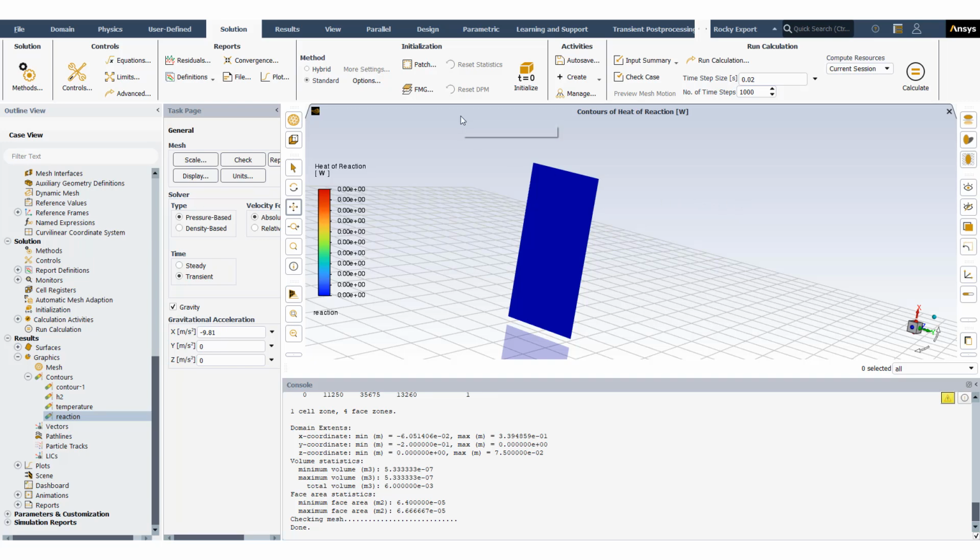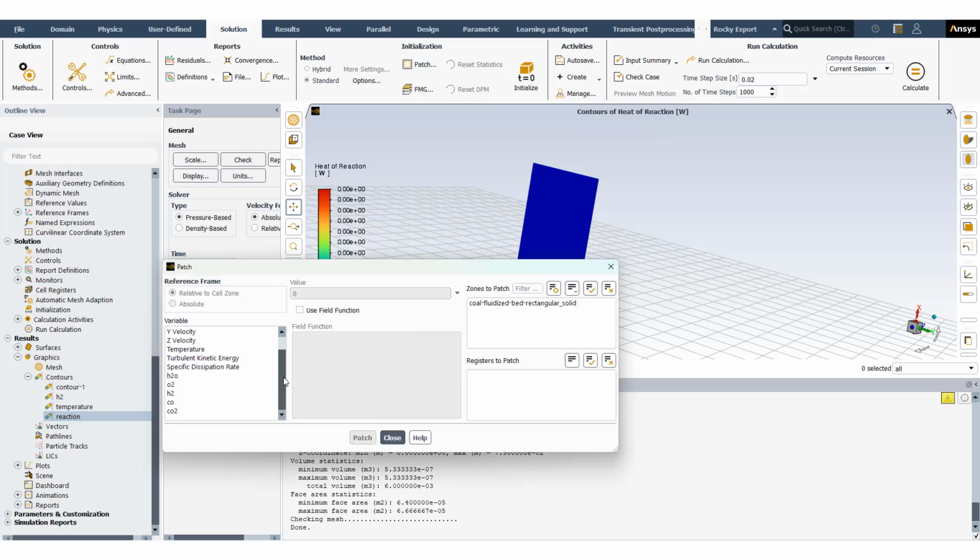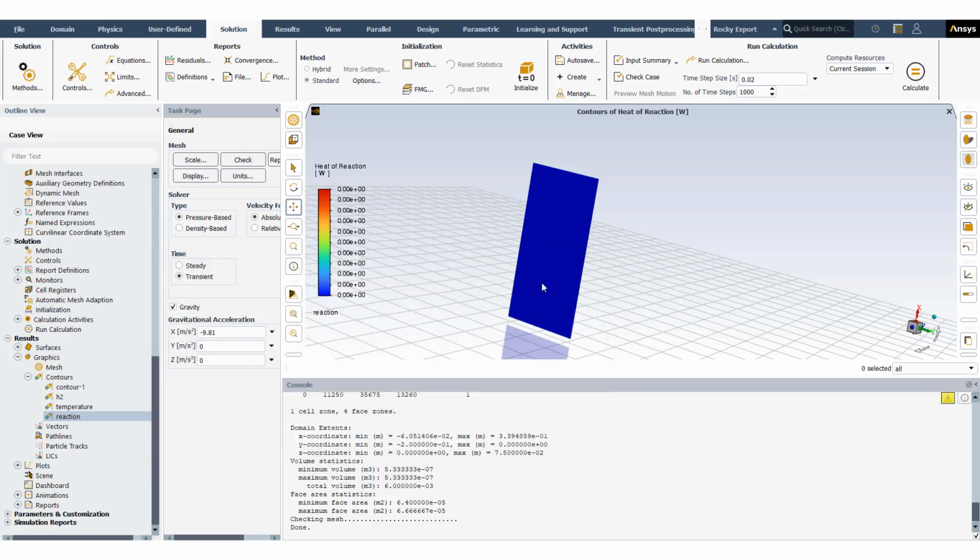For initialization, you press initialize using the standard method, and I did patch for temperature, temperature at 1000 Kelvin at time 0, and I also added some water and O2 at time 0 to help start combustion right away as soon as the particles are added into the domain from Rocky. So that's it from the Fluent side. Let's move to the Rocky side.